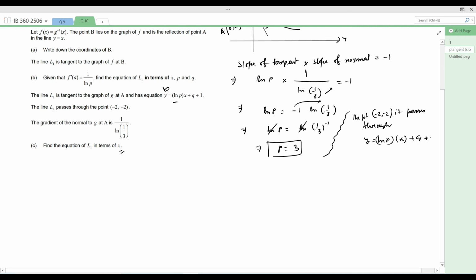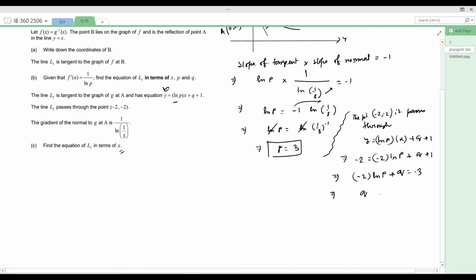So we can use this fact: -2 equals -2 ln p plus q plus 1. So -2 ln p plus q equals -3. From here we can find q.